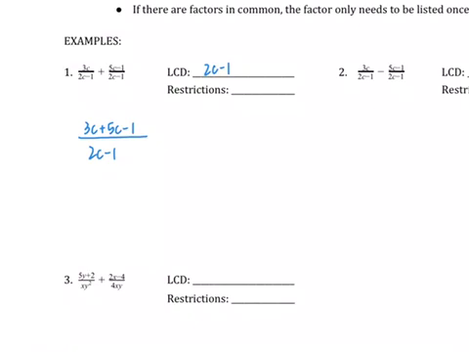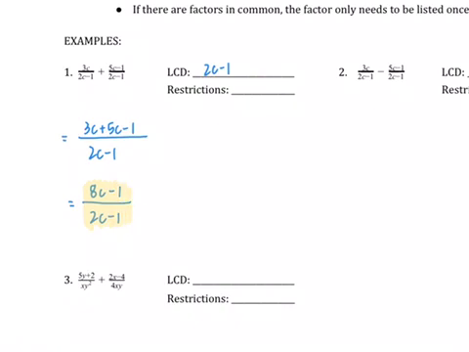So I'm going to simplify that. 3c plus 5c is 8c, minus 1, divided by 2c minus 1. There are no factors that all of those have in common. A lot of people try to cross out the negative ones, but the 8c and the negative 1 go together, and the 2c and the negative 1 go together, so you can't do that. So this would be our final answer for this one.